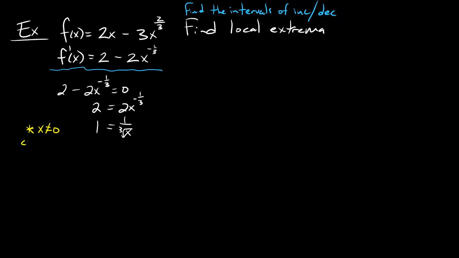That makes it a critical number. So if I keep solving this to find my zeros, multiply both sides by cube root of x. Cube both sides.